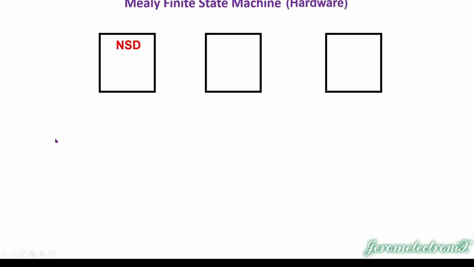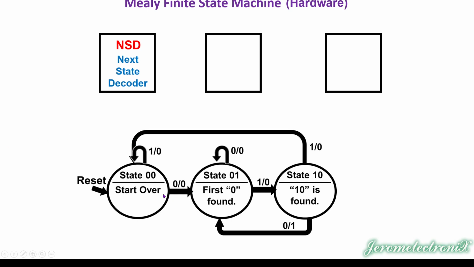The first component of this state machine, the box on the left, is called the NSD, and the NSD stands for Next State Decoder. If you remember the state transition diagram, each of these circles was called a state, and depending on the input, you would return to a state or go to a different state based on that number.